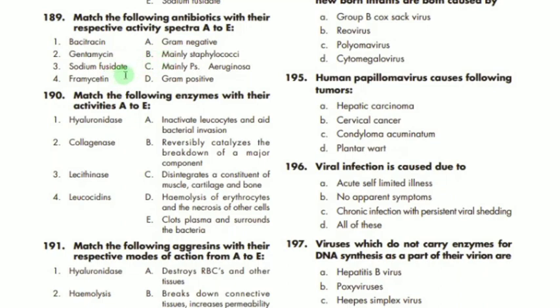Sodium fusidate is also used for gram positive. Then we have chloramphenicol, mainly for staphylococci. And this one we can use for Pseudomonas aeruginosa, mainly for Pseudomonas aeruginosa.